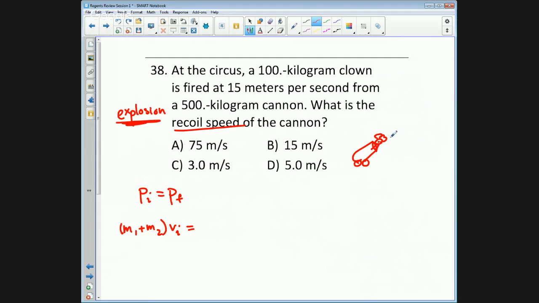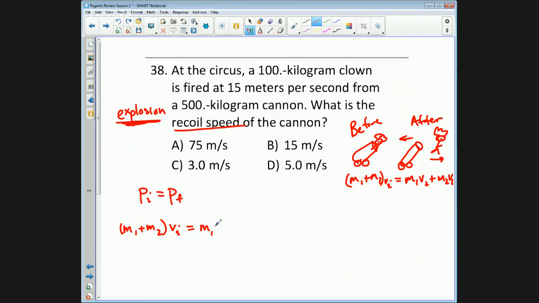This is before, m1 plus m2. Afterwards, you're going to have the clown separate from the cannon. So this is V initial, and this one would be m1 v1 plus m2 v2. You have separate velocities. The cannon is going to move backwards while the clown is going to move forward.